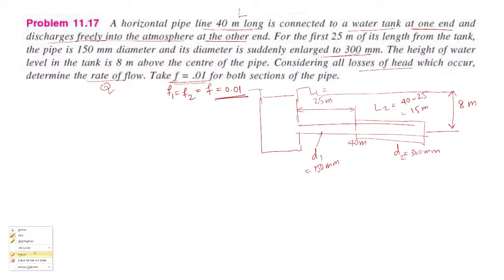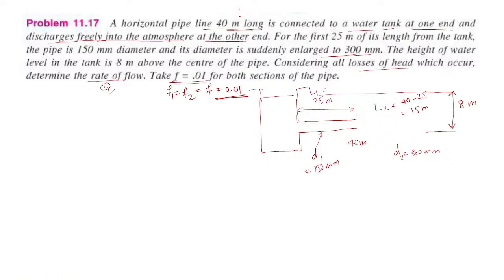Let me draw it again, because if I draw it like this it will be hard to understand. So according to the problem statement, from the first 25, that is this one, the diameter they have mentioned here, from here to here.